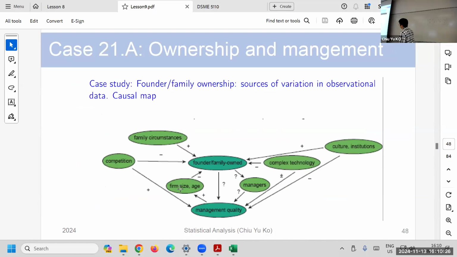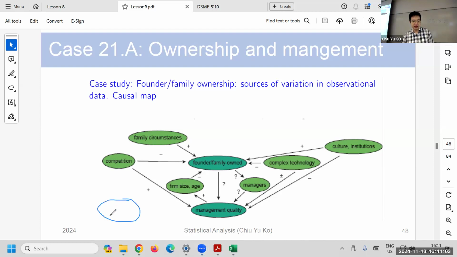How do you solve this firm size and age problem? IV is the idea that you want to figure out an instrument that affects this one, but not this one. It's actually very simple. You draw a graph here.